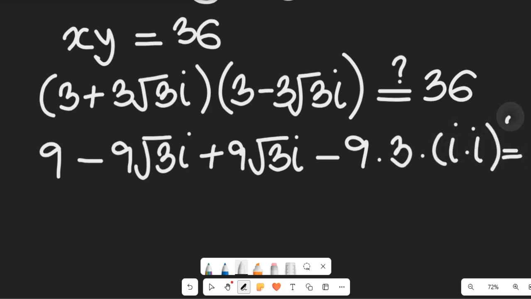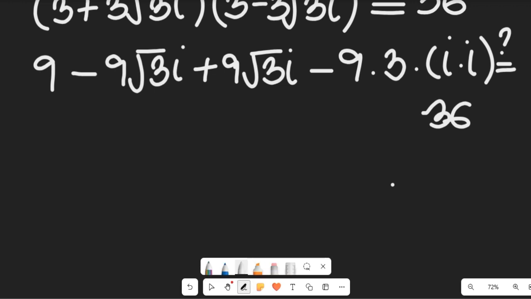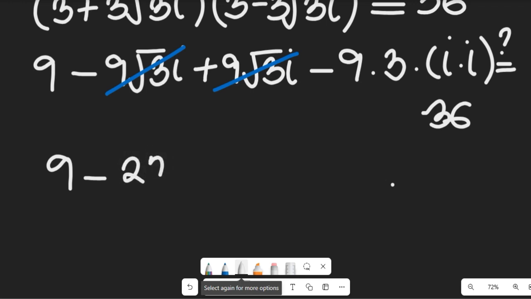And will this be equal to 36? Let's find out. From that expression, if we simplify this, we're going to see that this will simply cancel out this, and then we'll be left with 9 minus 9 times 3, which is going to give us 27, multiplied by i squared.